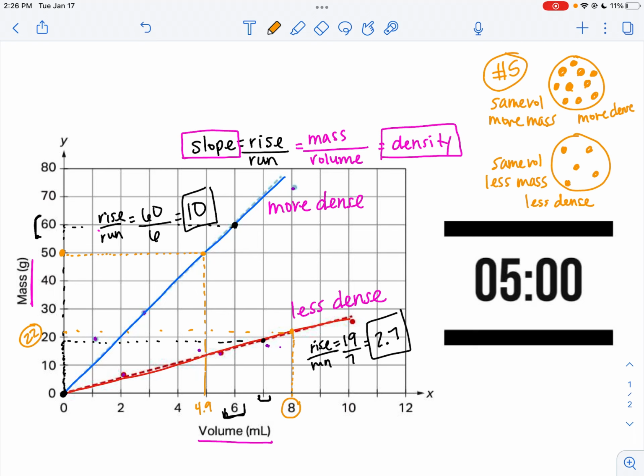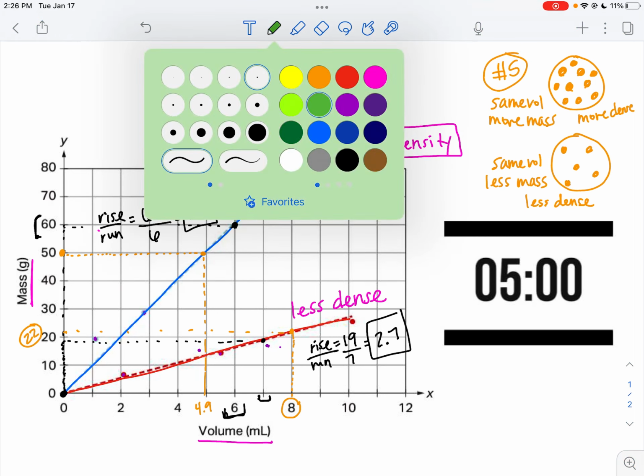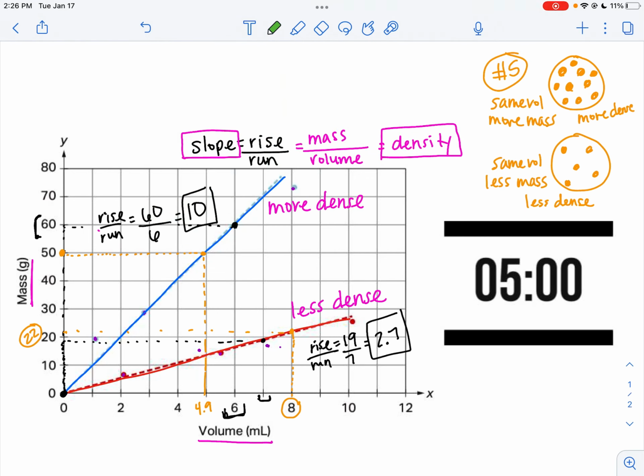So question 5 is asking us which line, our red or our blue line, is going to be each of these samples. And all we really have to do is connect them. We already said that a sample that has a high slope is going to be more dense. So we can just draw our lines and connect.